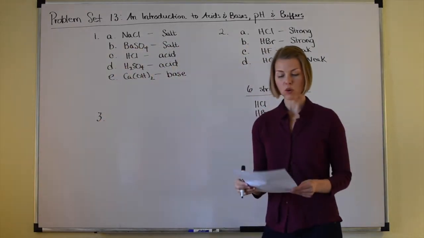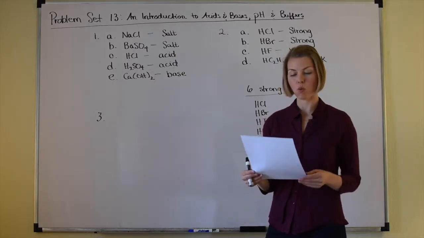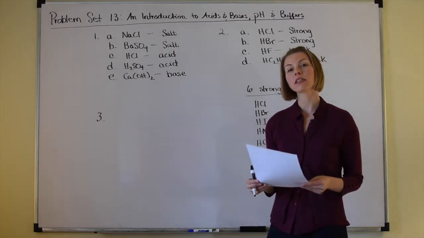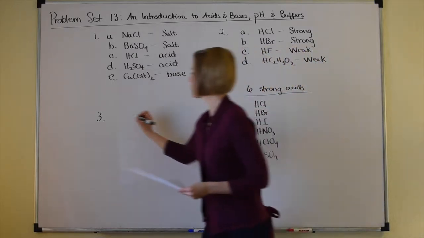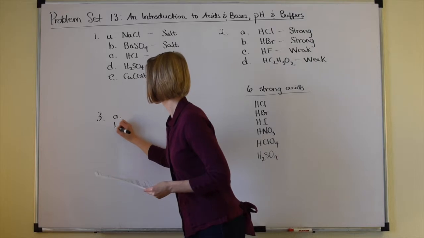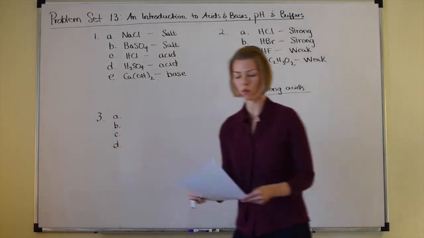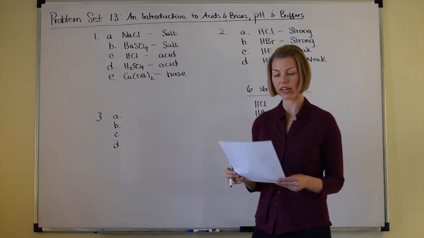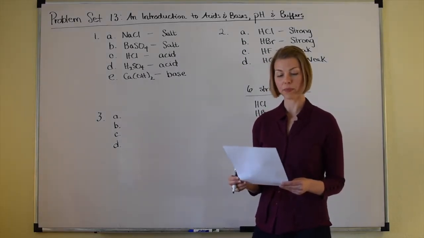Which of the following will conduct electricity when dissolved in water? So really, this problem is asking which is an electrolyte. So there's A through D. And I won't write them all out. I'll just write either electrolyte or non-electrolyte next to each of them.